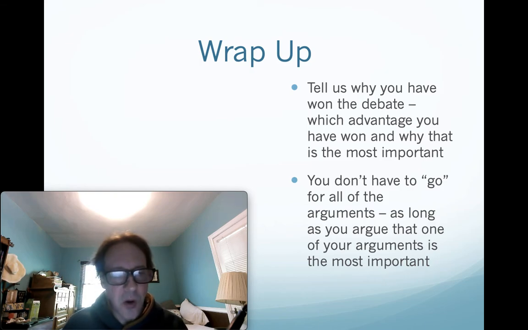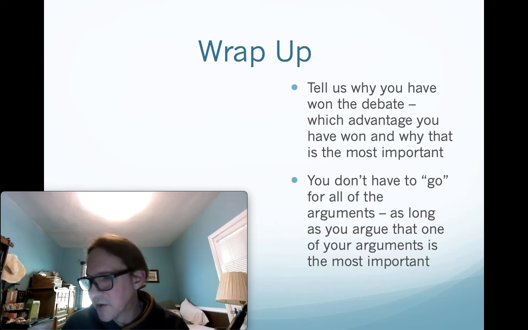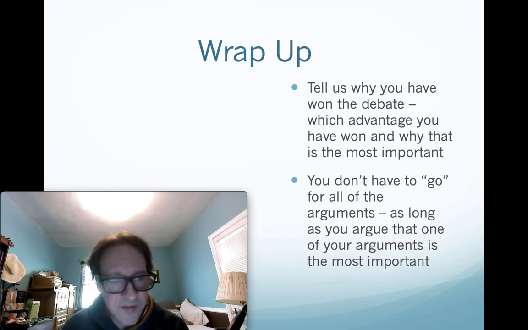You don't have to go for all of the arguments that you make. That is, say there are two advantages in the 1AC, and you feel like you haven't really won one of the advantages. You can just argue the other advantage and argue that that's the most important, right? So say there's a citizen journalism advantage, and there's also an access to information advantage, and you think that they really answered the access to information argument.